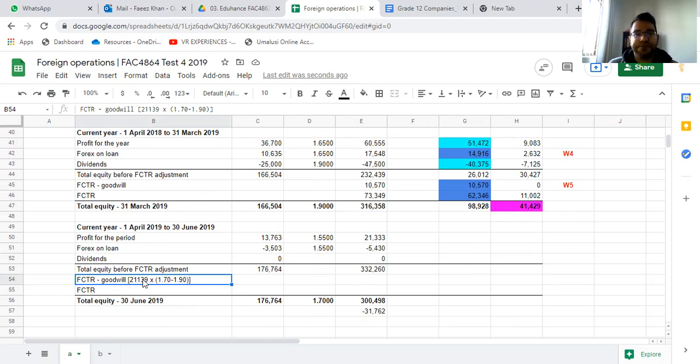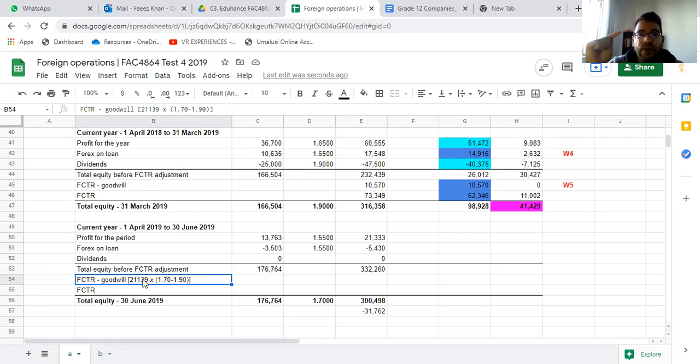You take the foreign goodwill amount. The goodwill is not really going to change. It can change through an impairment, but I don't think they will bring that in. So you take the goodwill amount, 21,139, and multiply by the movement in the exchange rate for the period.